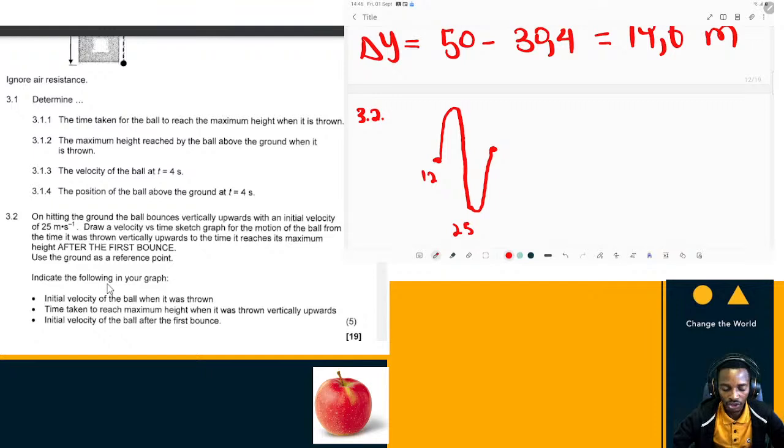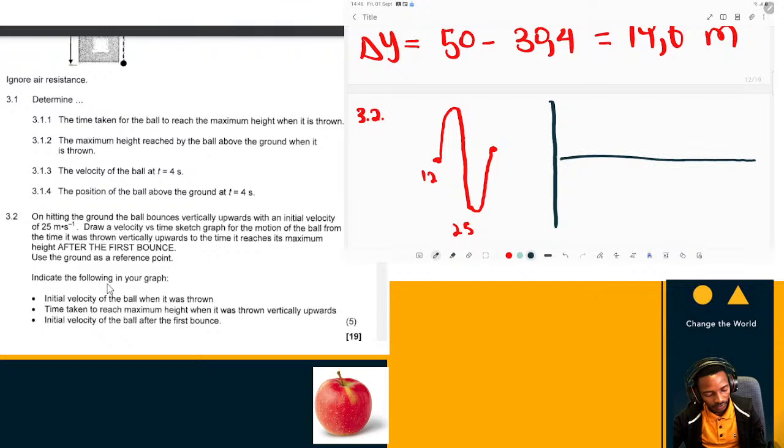So now we need to draw a velocity time graph for this occurrence. Okay, let me use a different color. So the velocity time graph will be like this. Here we're going to have 0, here we're going to have positive, and here we're going to have negative.